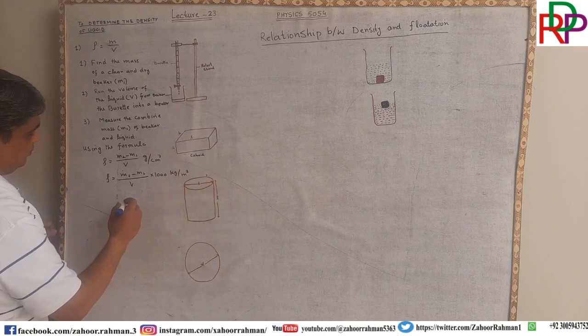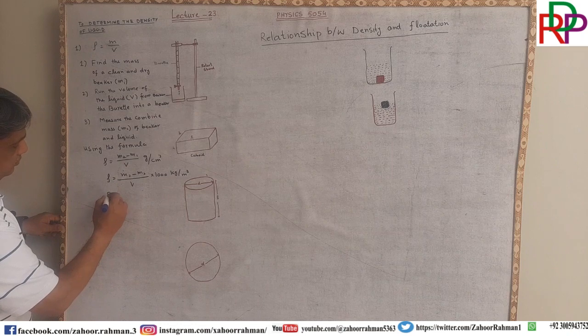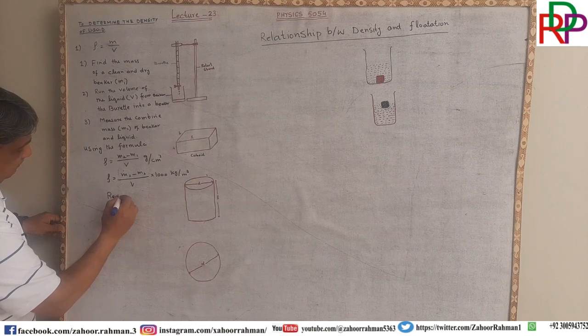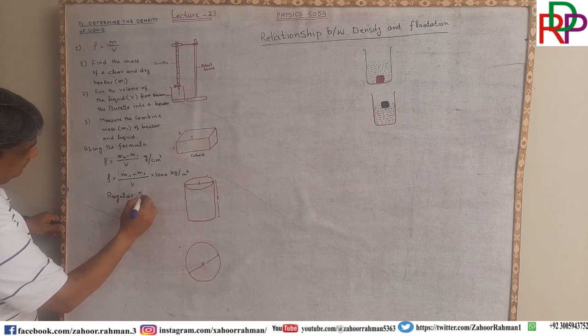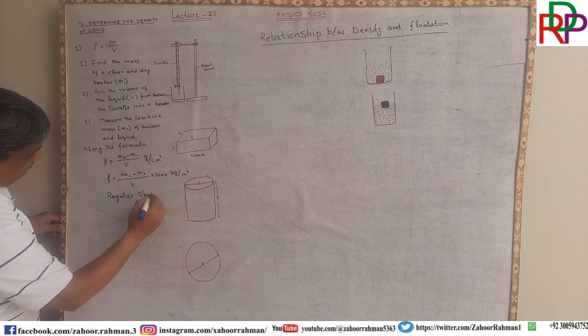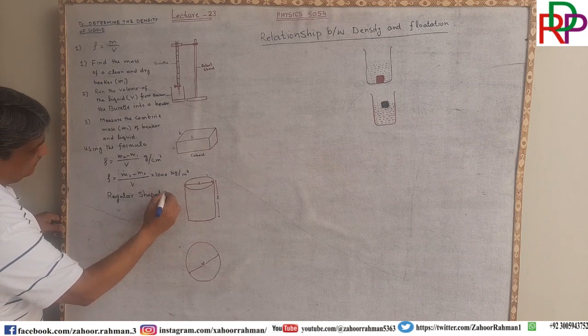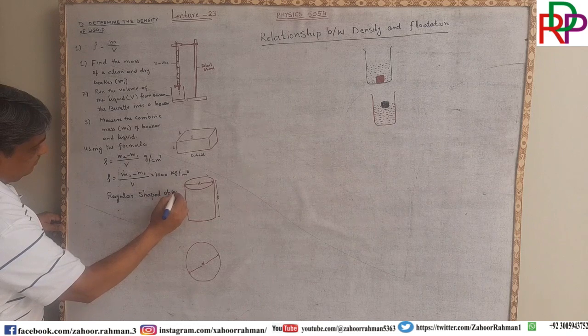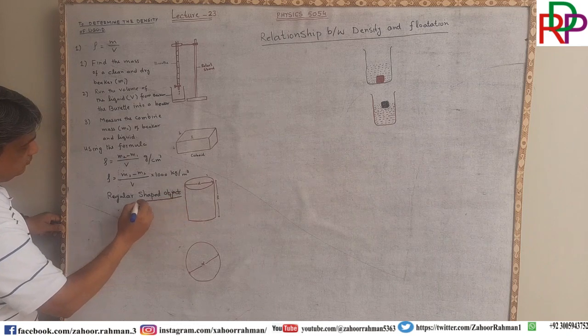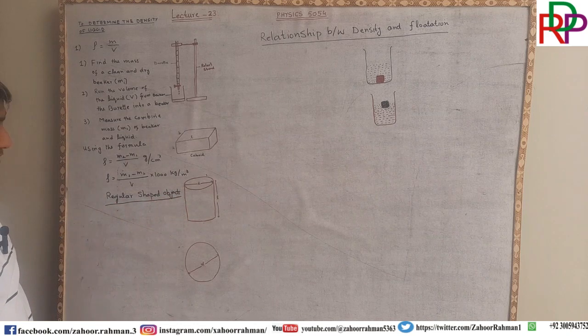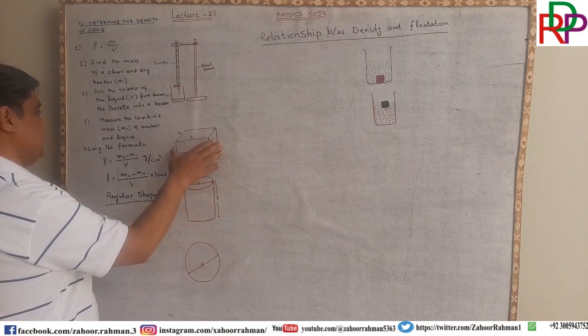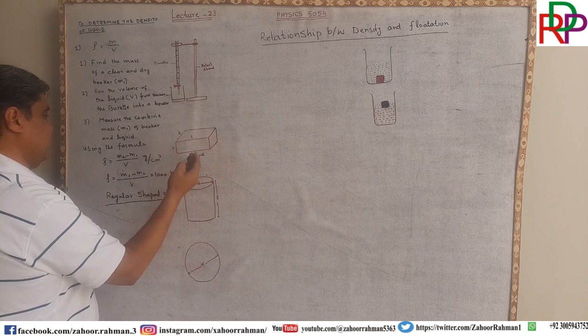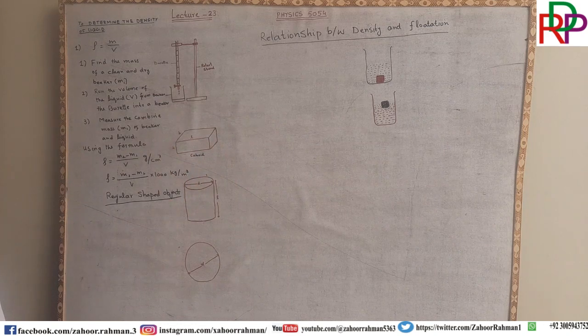Now, if we want to find the volume of regular shape objects, then you have to do other activities. Now this is a block which is in the form of a cuboid.